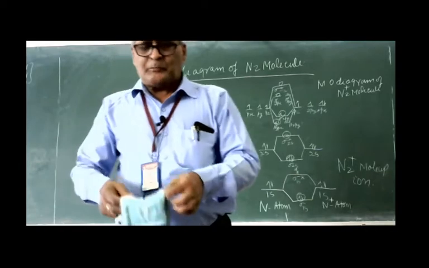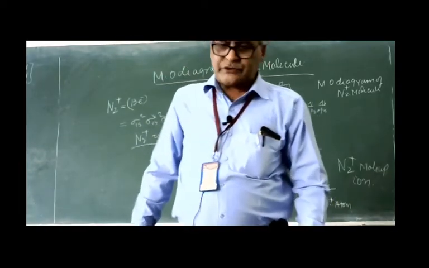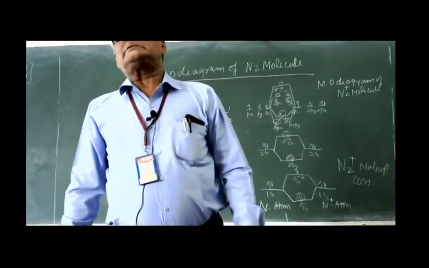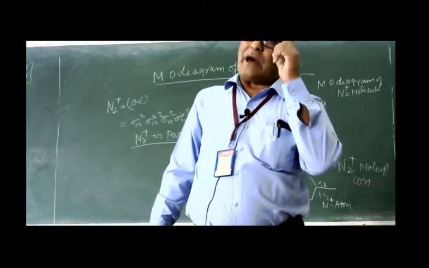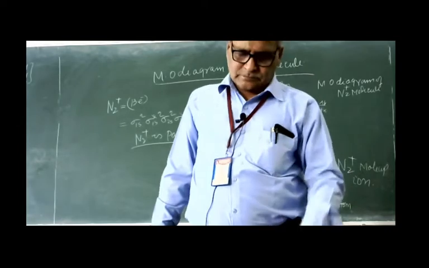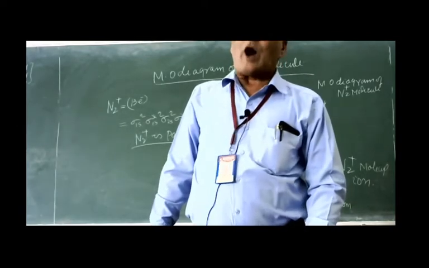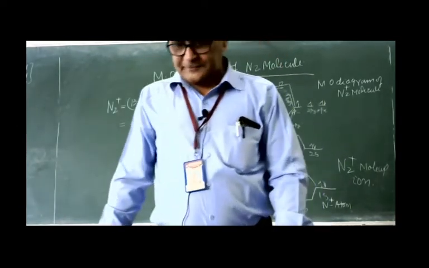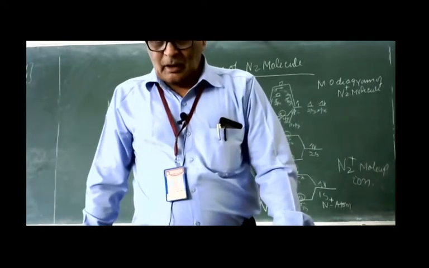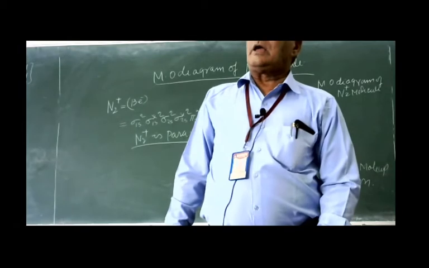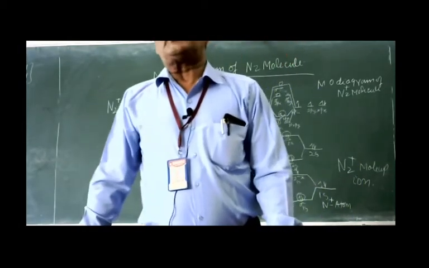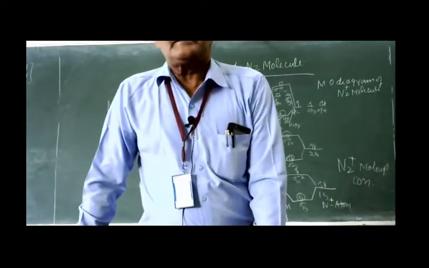Now, another important question is to find out the stability of the molecule or ion. So how can we find out the stability? As we know, the stability of the molecule depends upon the number of bonds.